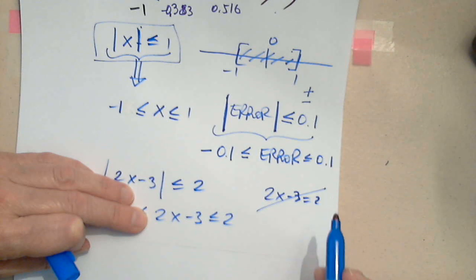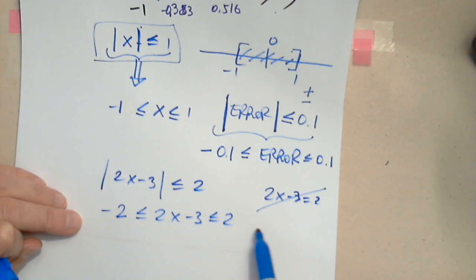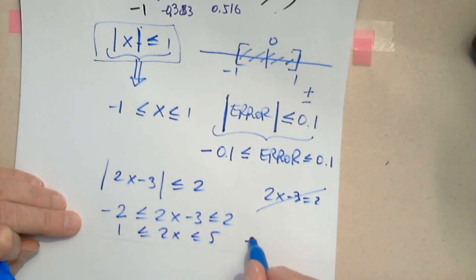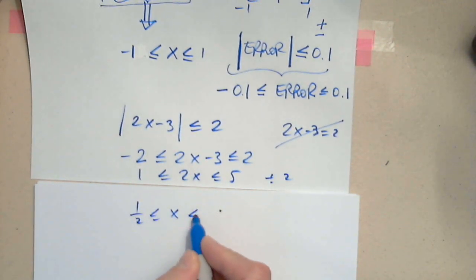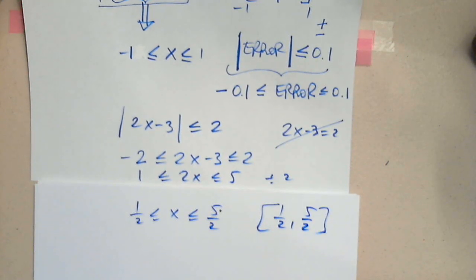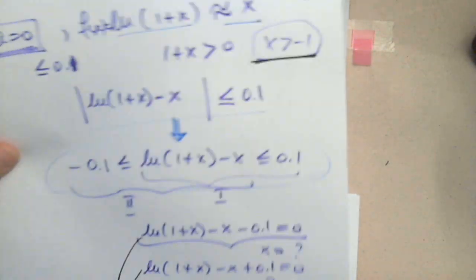There is no need because I can do this by hand. So I'm just going to add 3 to all three sides, and I get 1 less than or equal to 2x less than or equal to 5, and divide by 2, and I get 1/2 less than or equal to x less than or equal to 5/2, and it's done. So it's 1/2, 5/2. But here, I can't solve this equation without a calculator.